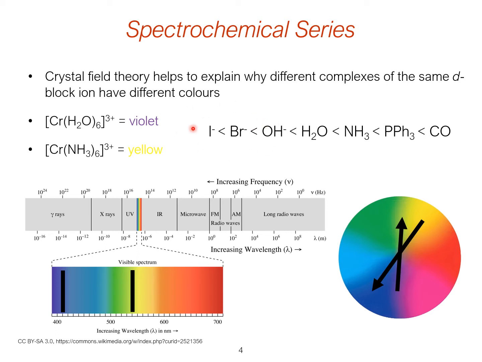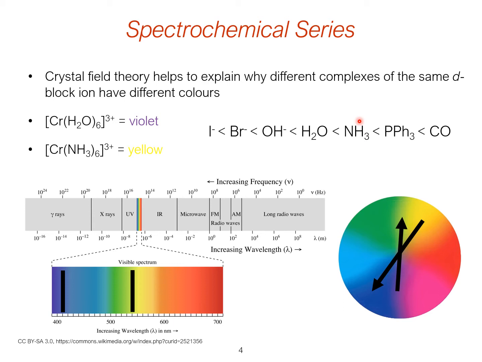And the weaker field ligands don't cause such a large crystal field splitting, therefore you are more likely to get a high spin complex, and again that will have an effect on the colour. That's actually how they managed to order the ligands, by the colour of light they absorbed. That's what's called the spectrochemical series, and that's how we could work out which split the crystal field more than others. So we've got two examples here.